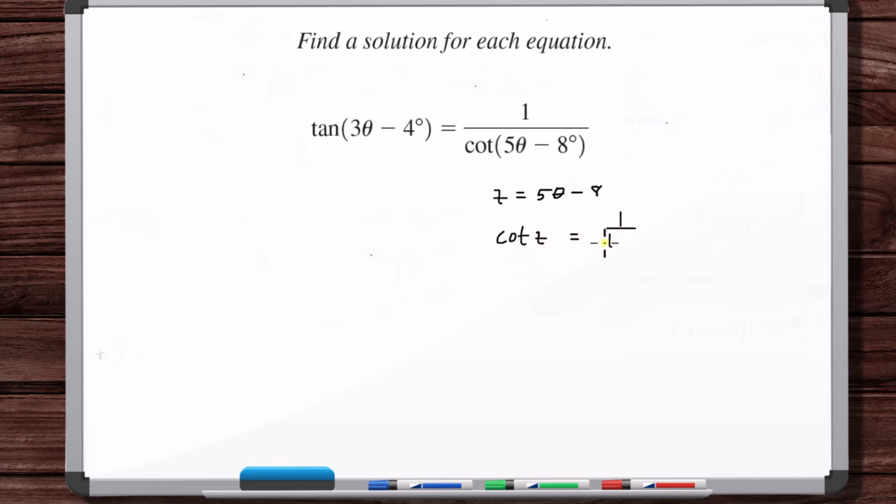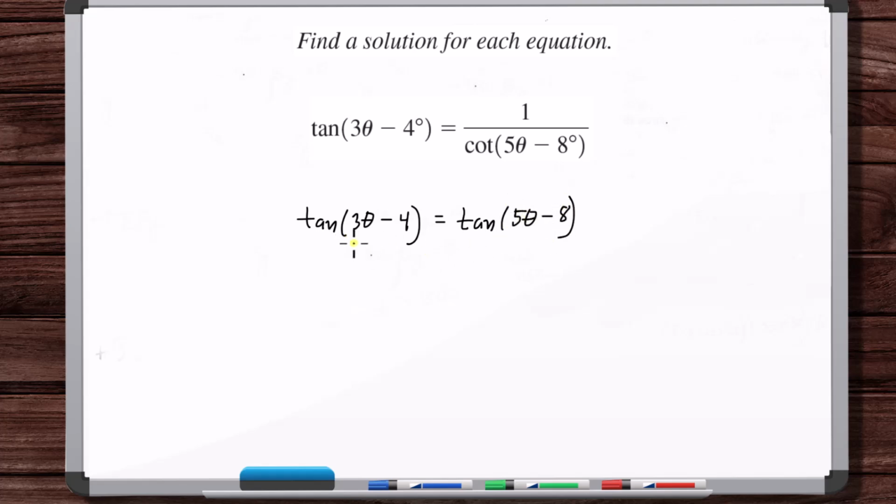It's 1 over tangent of z. So what I'm saying is it makes complete sense to apply the reciprocal identity here and just say that this is tangent. If these two are equal, then the arguments of the tangents are going to be equal, so we could just set the arguments equal to each other.